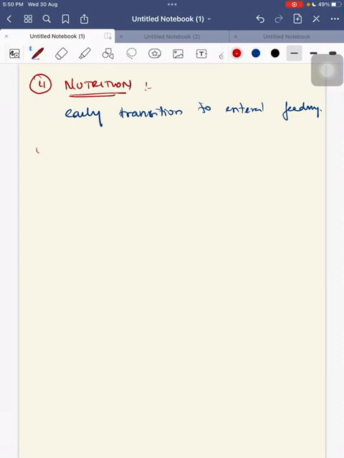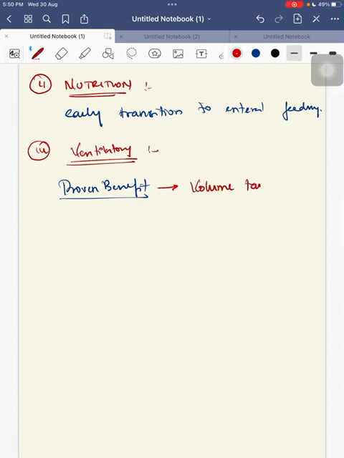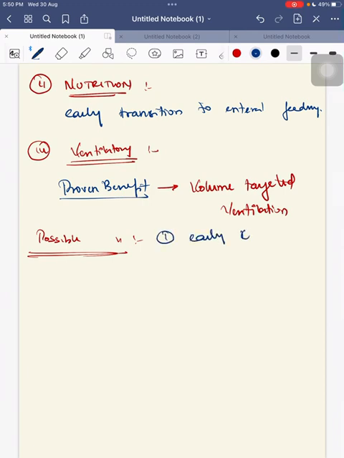Next, third will be ventilator strategies. The ventilator strategy with proven benefit is volume targeted ventilation. Possible benefits are found when you use early CPAP, or when patient triggered ventilation is used.